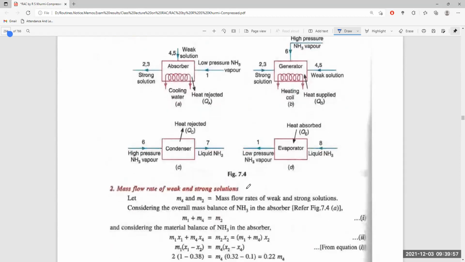The mass rate of weak and strong solution, M4 and M2. Consider the overall mass balance in the absorber, as in the figure here: M1 plus M4 is equal to M2. M1 is the mass flow rate here, M2 is the strong solution going out, and M4 is the weak solution coming in.